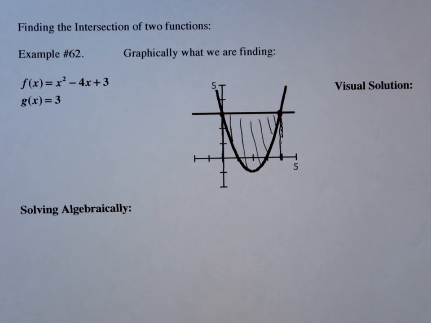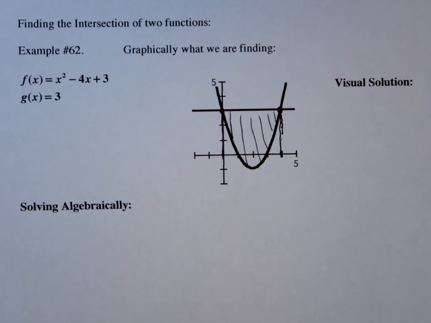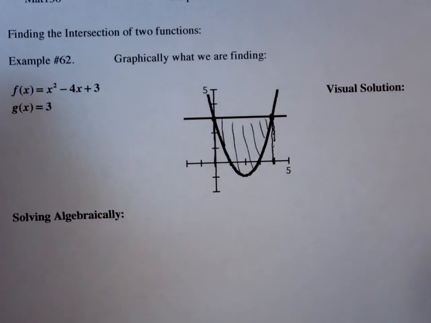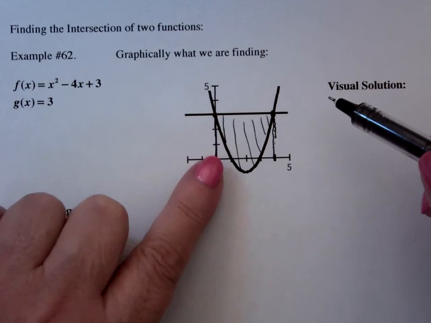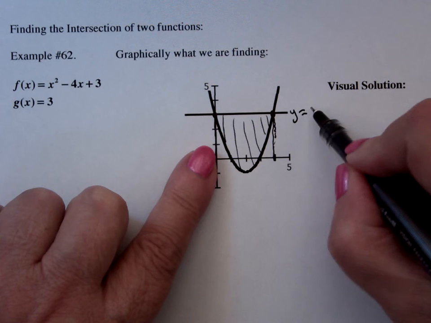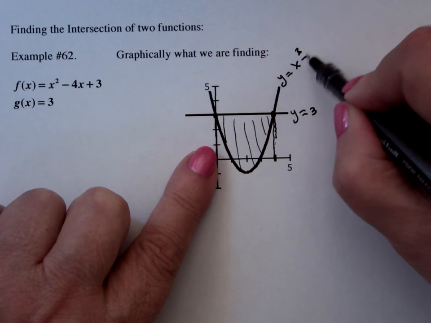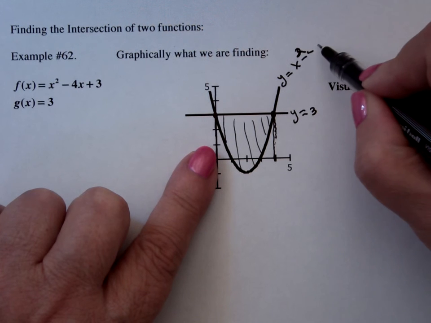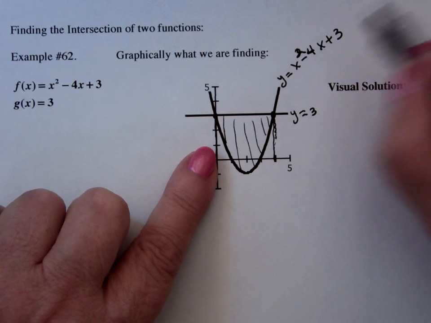Graphically speaking, this one's easy because it looks like it intersects at x equals 0 and x equals 4. But the majority of the time when you're doing applications, it ain't so easy. So if I look at the visual solution, this is y equals 3, and this is y equals x squared minus 4x plus 3.